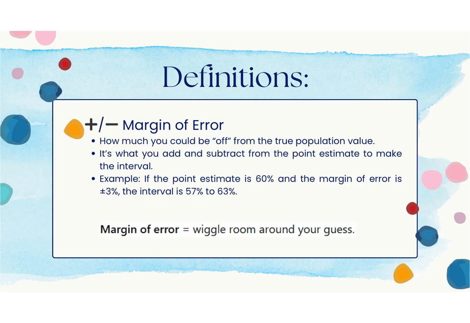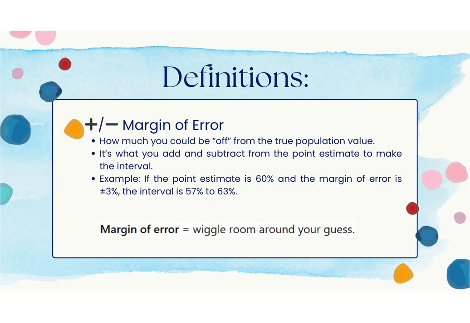Margin of error represents how much you could be off from the true population value. You can then calculate your margin of error. It's what you add and subtract from that point estimate to make your interval.